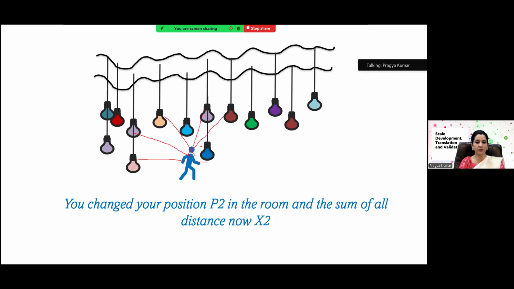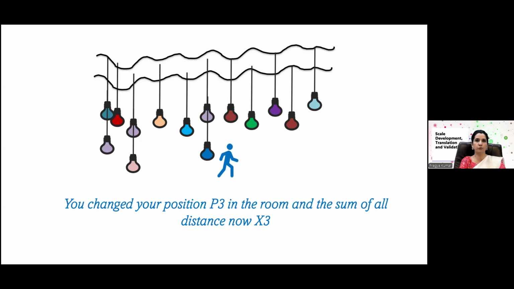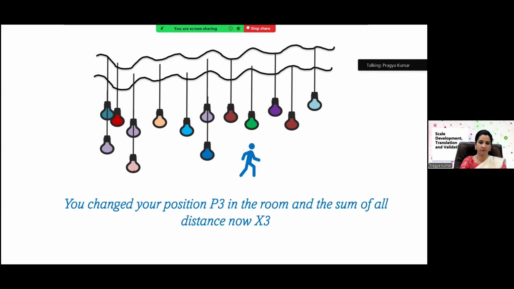Again, you take the sum of all these distances. Now you have moved to position 3, and again there will be some distances. That's how there will be a position in this room.